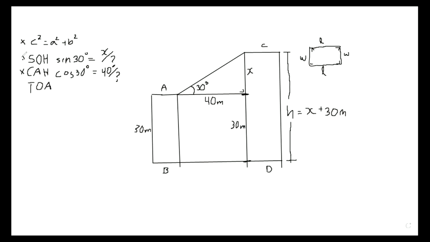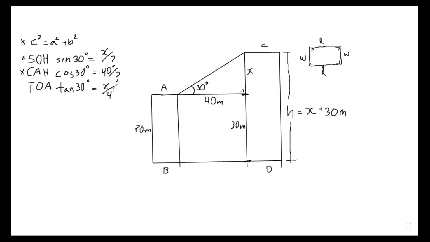Yes, sir. Yeah. All right. Because check it out. We have tangent of 30 degrees. We have an opposite, we have our x, and we have our adjacent, which is 40.